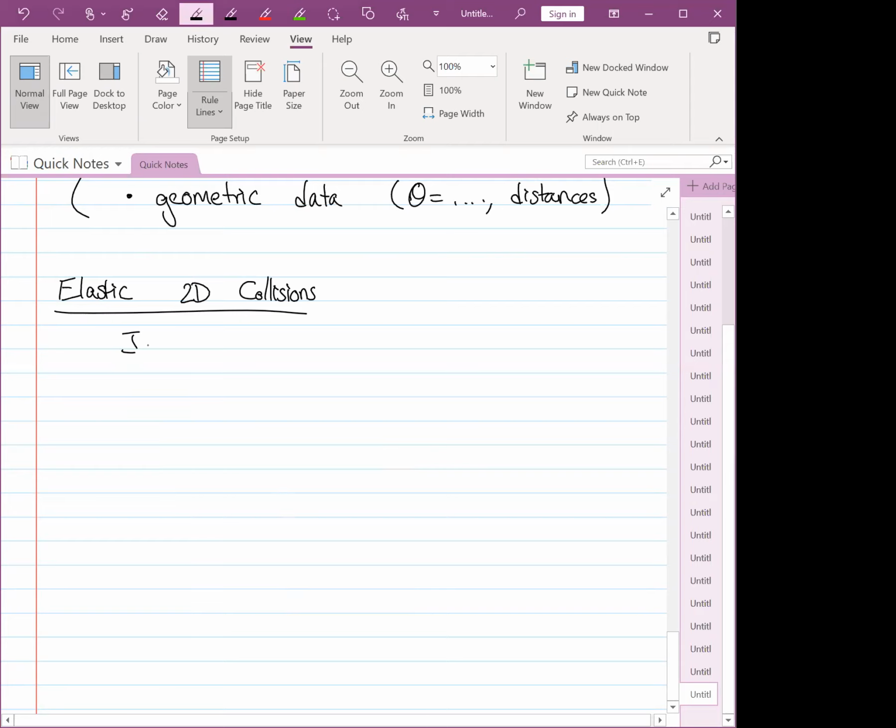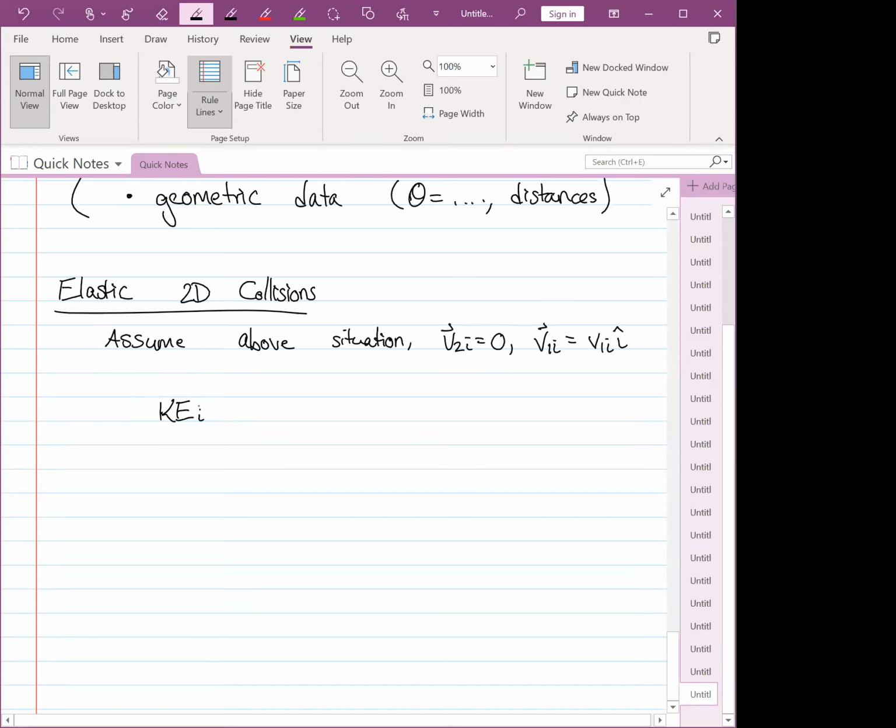So let me write something really quick. Assume the above situation. In this case, v2i equals 0, and v1i equals v1i in the i-hat direction. We can write the kinetic energy in terms of its momentum.